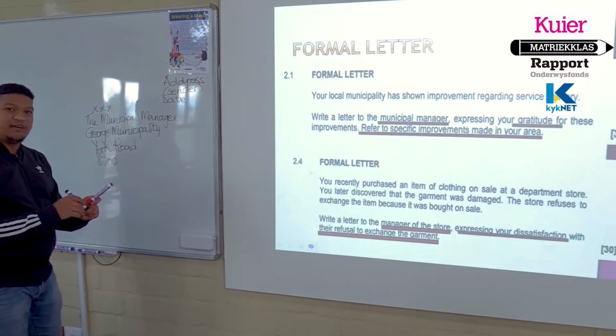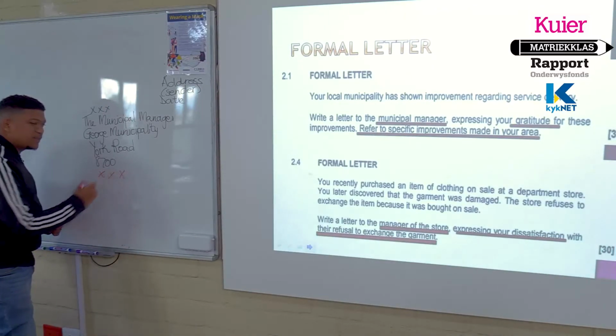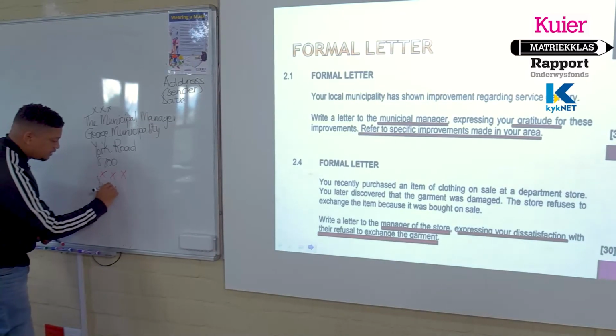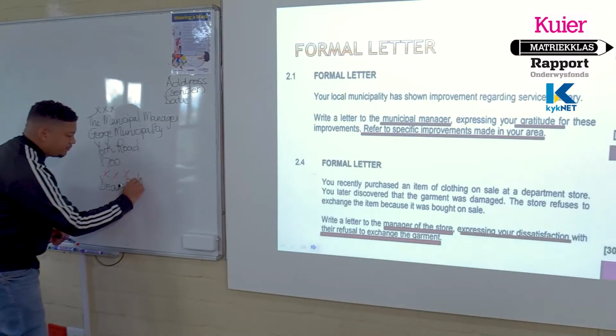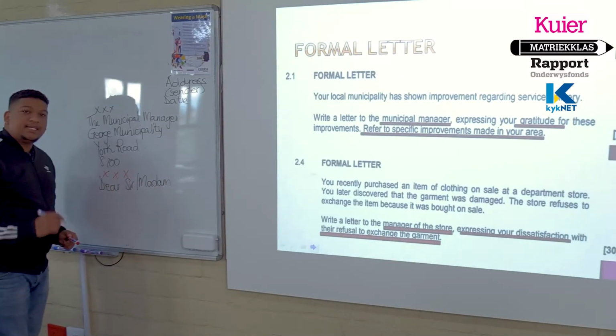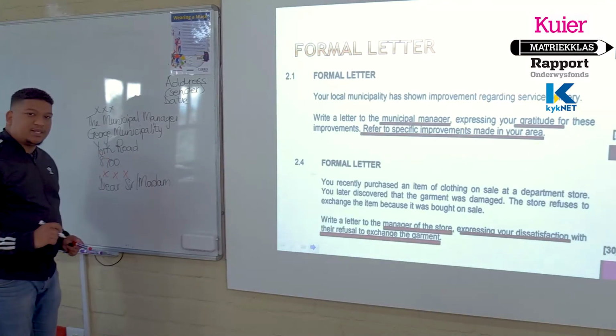Now, grade 12, I focus on things such as leaving my line open again. Salutation is important. Dear sir or madam. Dear sir or madam, why? Because I do not know the municipal manager.